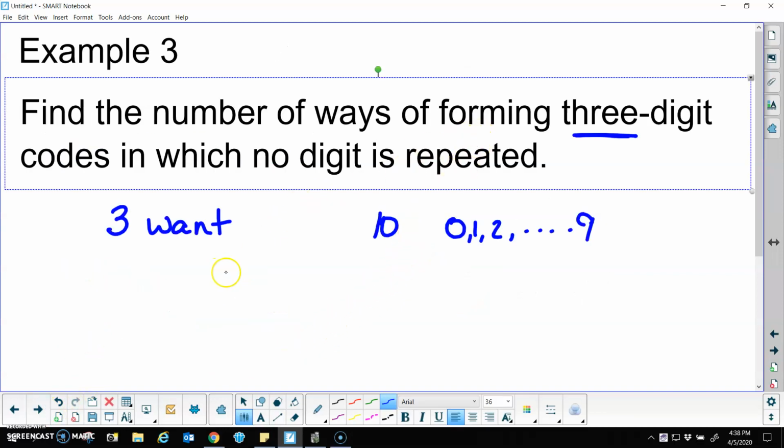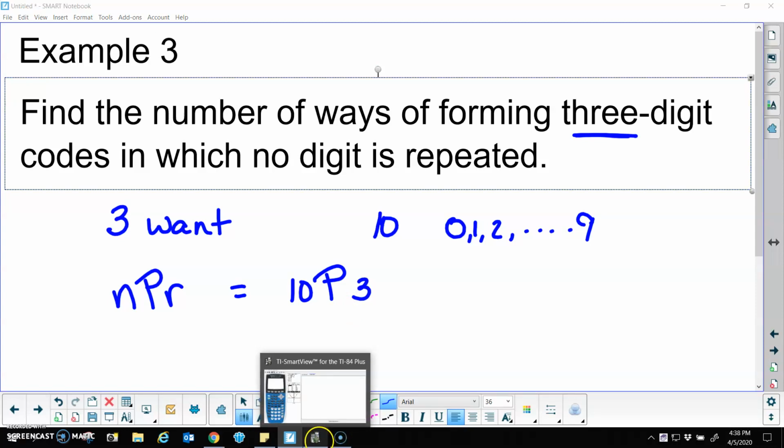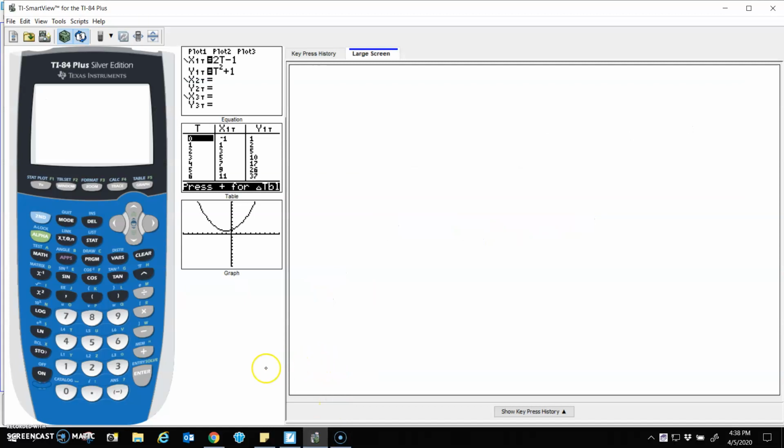Because order is going to matter, it's going to be nPr, P meaning permutation. So I have a total of 10 numbers, P, and a 3. Now you could plug it into that equation, but we're going to go to the calculator.